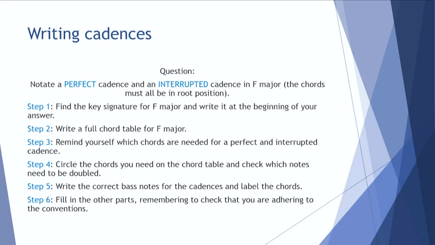Step 3, we're going to remind ourselves which chords are needed for a perfect and interrupted cadence. Then we're going to circle the chords that we need in the chord table. We're going to also check which notes need to be doubled. Then step 5, we're going to write the correct bass notes for the cadences and label the chords. And then step 6, we're going to fill in the other parts, making sure that we adhere to the conventions that I've just gone through.